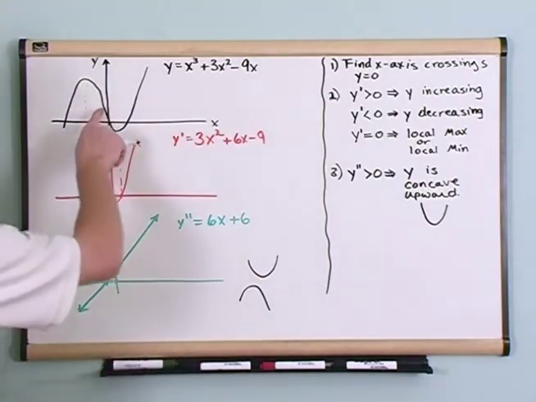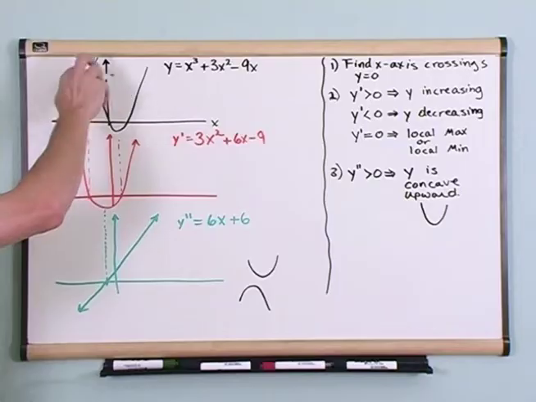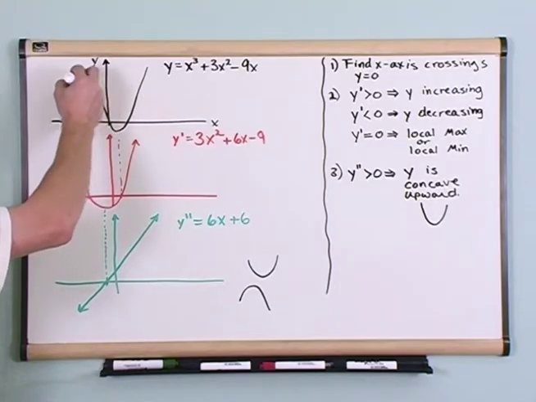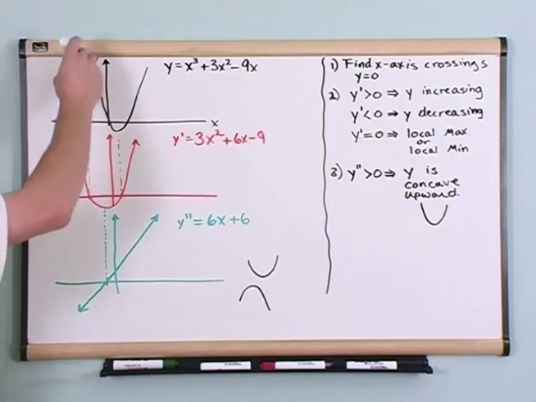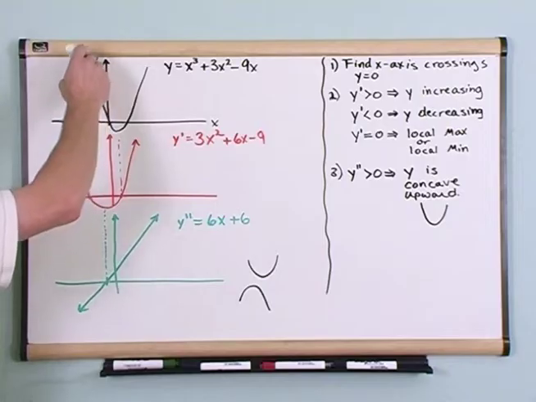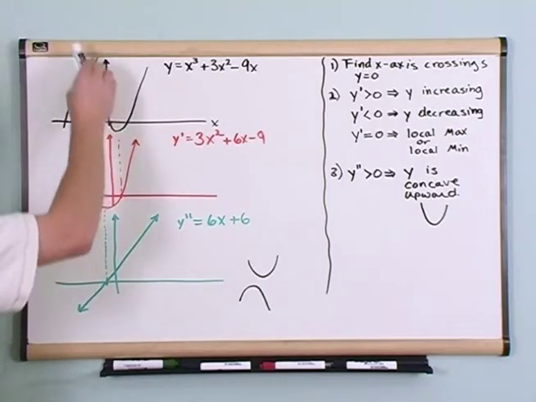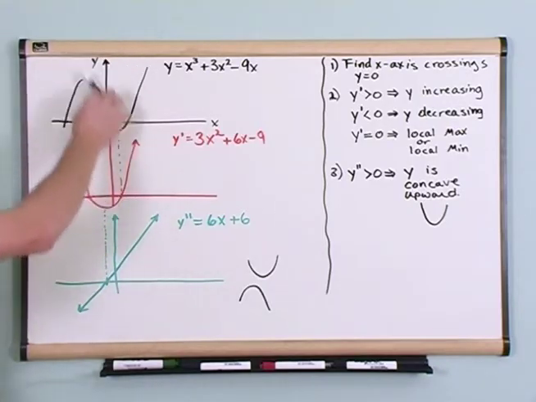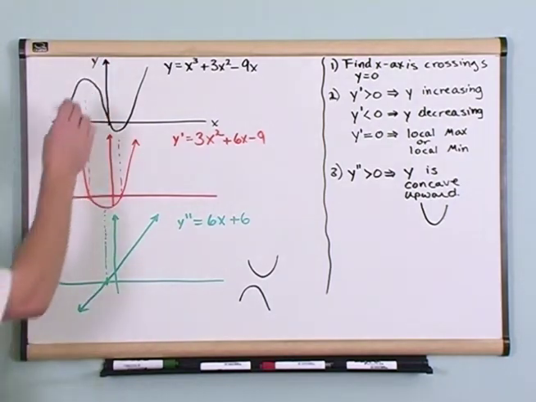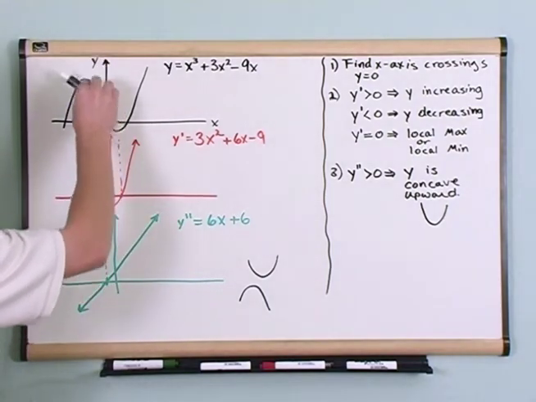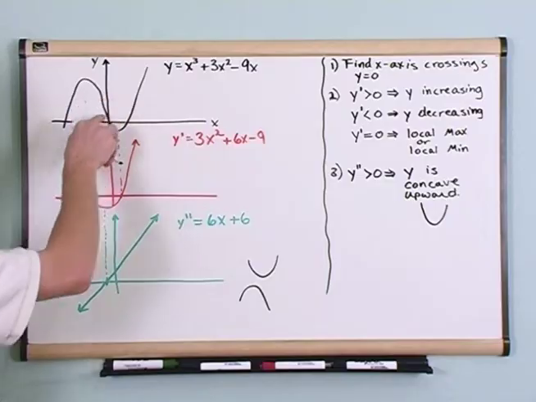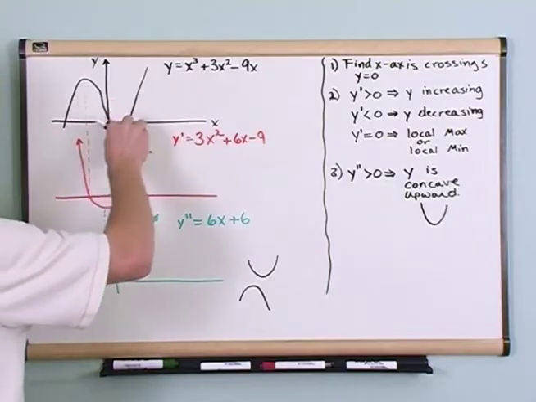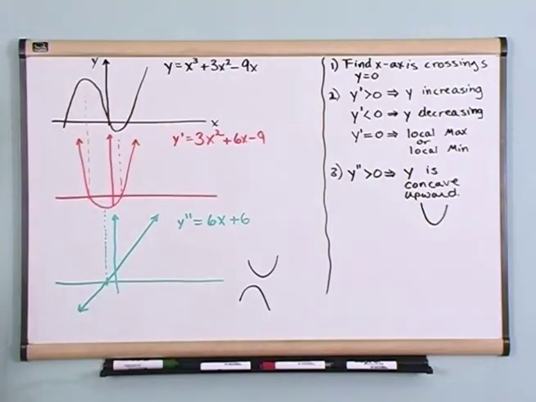Because look here, up here, as you're going to learn in a second, this is concave downward. But on this side of the hump, and also on this side of the hump, in both cases, the slope is actually negative. But in one case, the slope is changing in a way that defines the fact that it's concave downward. In the other case, it's changing in a way that defines that it's concave upward.